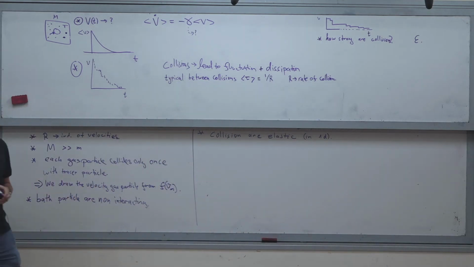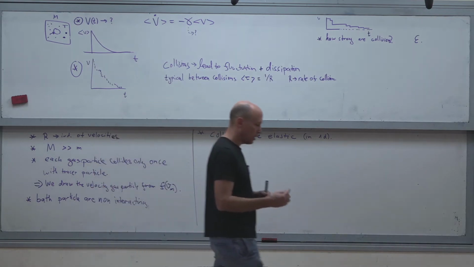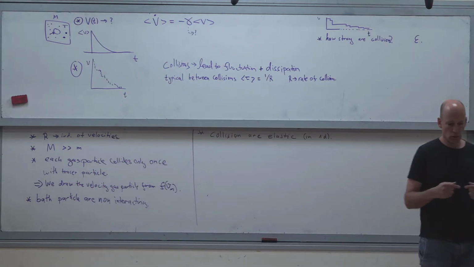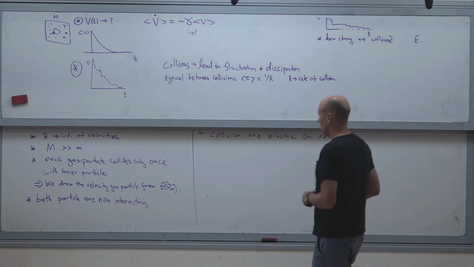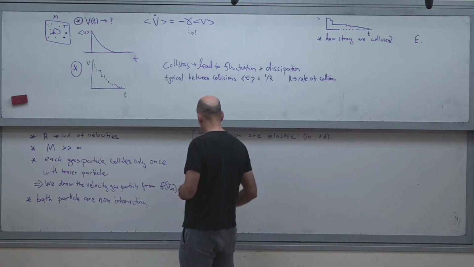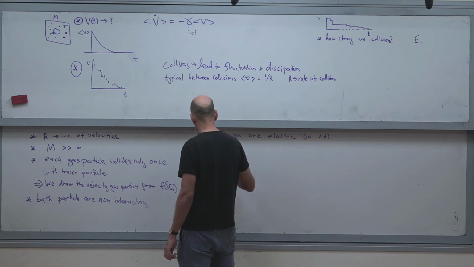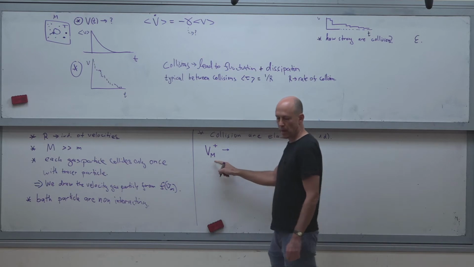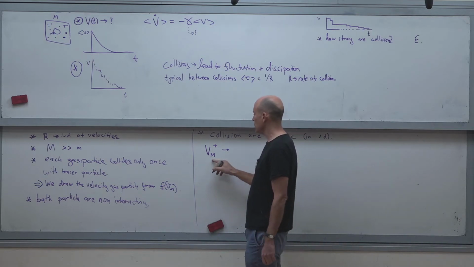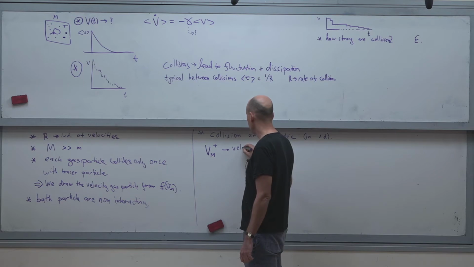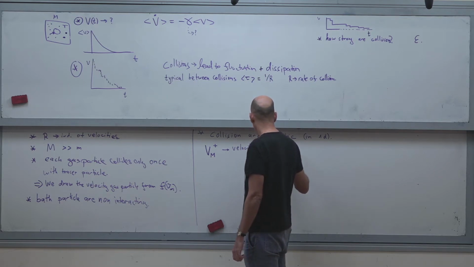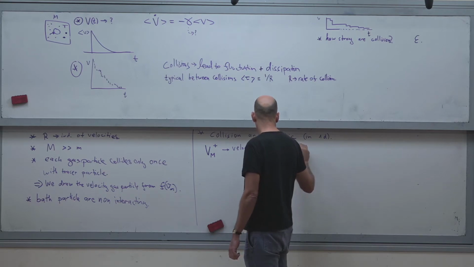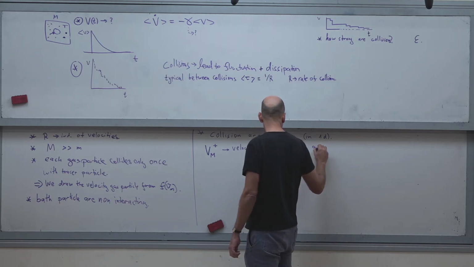Elastic collisions, I mean, very simply, they conserve energy and momentum in each collision. In that case, we're going to define V of the mass particle plus. This is, again, the big mass, the tracer particle. This is the velocity of the tracer particle after the collision event, immediately after.